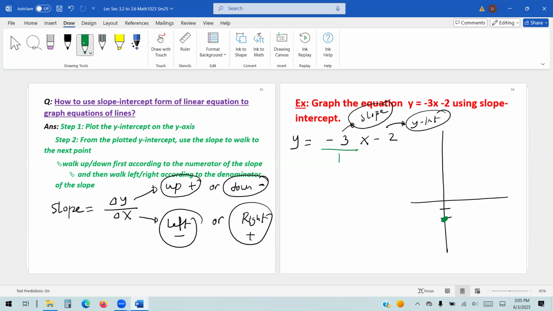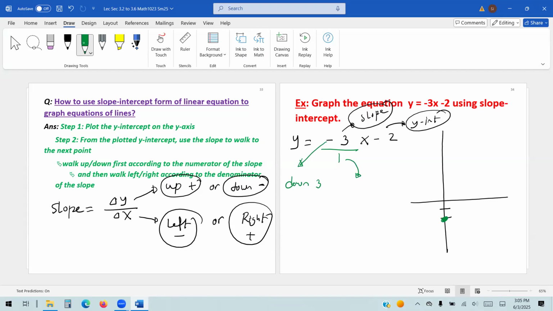Now from this negative 2, we are going negative 3. Which direction? The top number tells us to go which direction? Down 3, because we have a minus in the numerator. If the numerator is a minus, we go down from the y-intercept. So we are going down 3. And then from there, we go 1 unit which direction? The denominator tells us to go which direction?